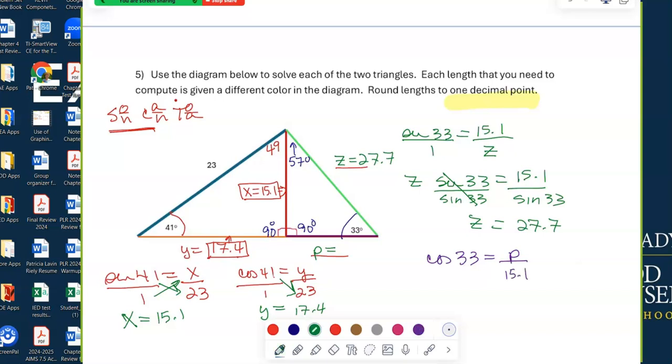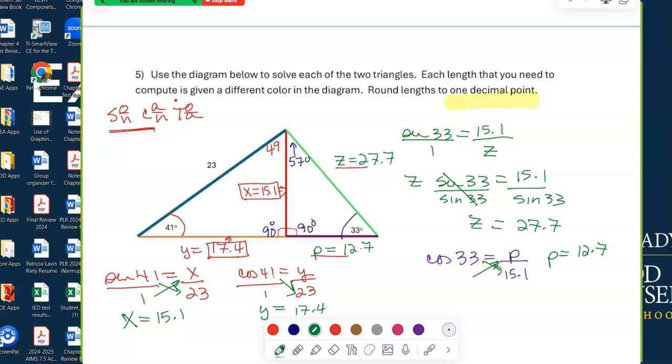So you're going to do your cross products, one-step problem, and I'm going to say 15.1 times the cosine of 33. Okay, so watch what you enter because it's really easy to type something incorrect given all the numbers we're typing. I'm getting 12.7 here. This is 12.7.